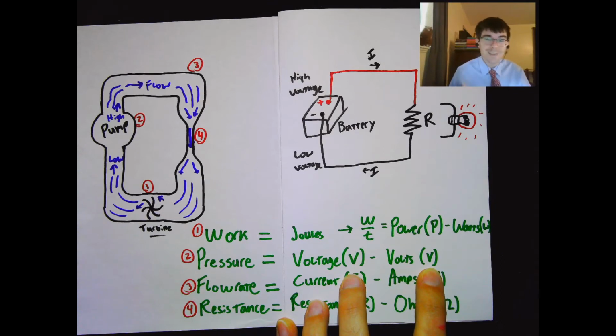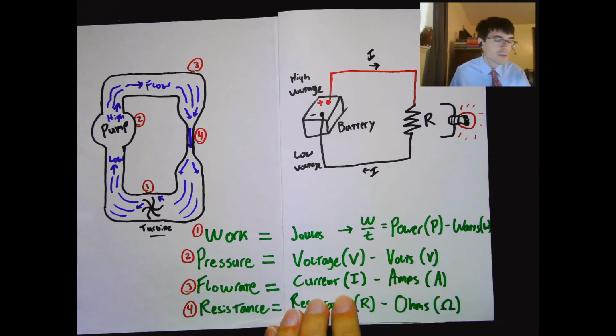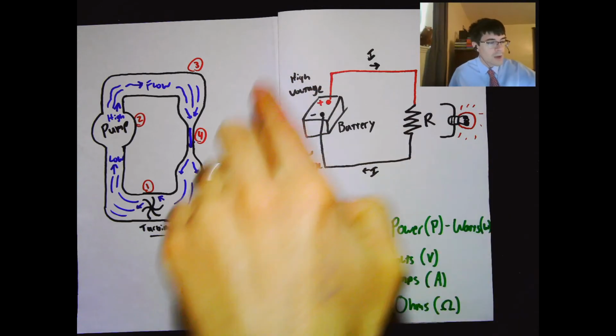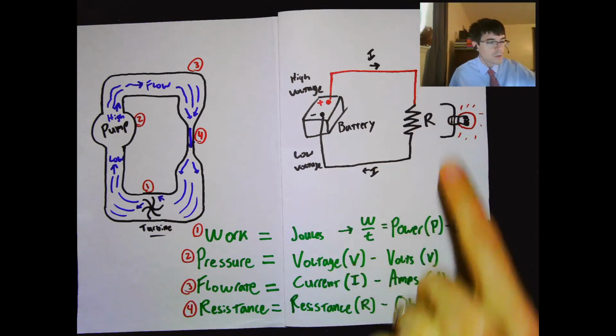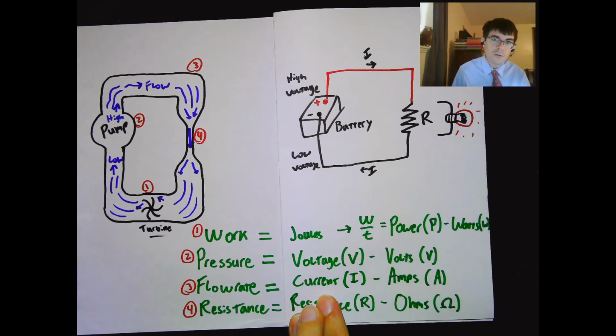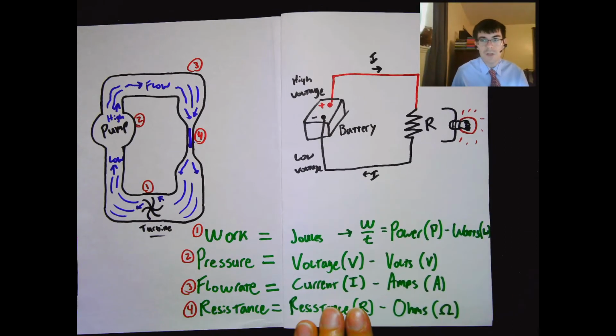Nice and simple. It gets a little bit more confusing with current. Current is similar to the flow rate, right? It's how much is actually moving through this section. So the current is moving around and around the circuit. We can see I wrote I here with its direction, moving around and around the circuit. You might be wondering, why the heck is the symbol for current an I? Blame the French.